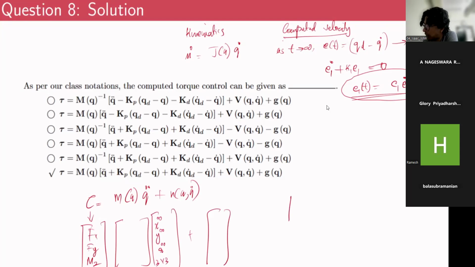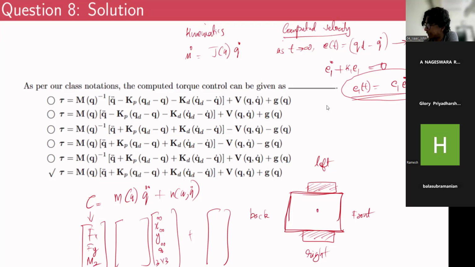So for a mobile robot, the coordinate system is fixed like this. If you have a mobile robot, and consider this to be the wheels, you can consider this to be the left side, this to be the right side, this to be the front, this to be the back. The coordinate systems are almost always assigned like this.